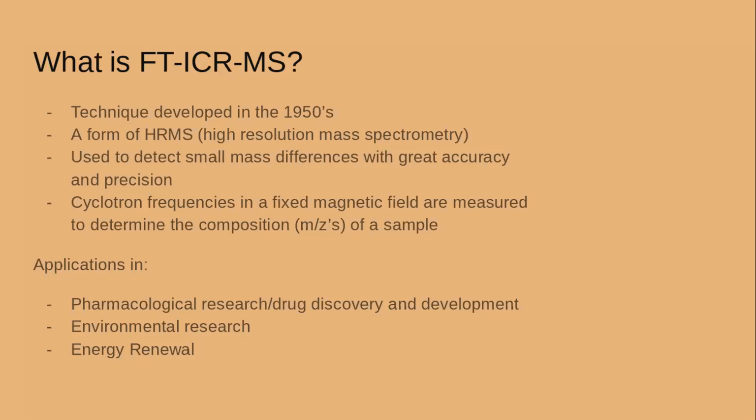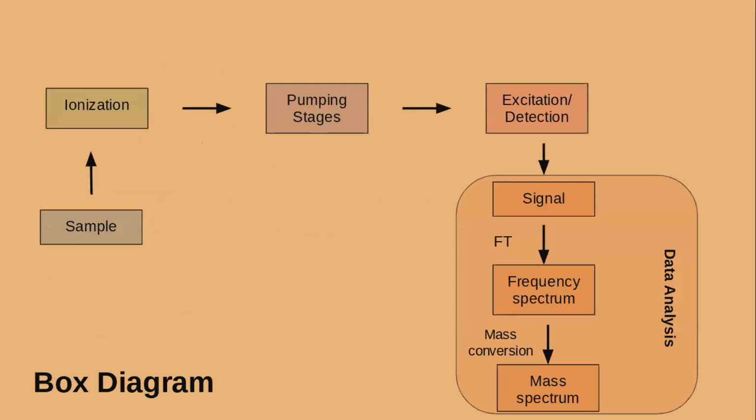In terms of other applications, really big molecules used in a lot of biological research are often used with FTICR. So in terms of the box diagram, we have our sample that is ionized. I really kept this simple, but I'll get into more specifics later. This technique is very flexible and has a lot of components that can be switched out.